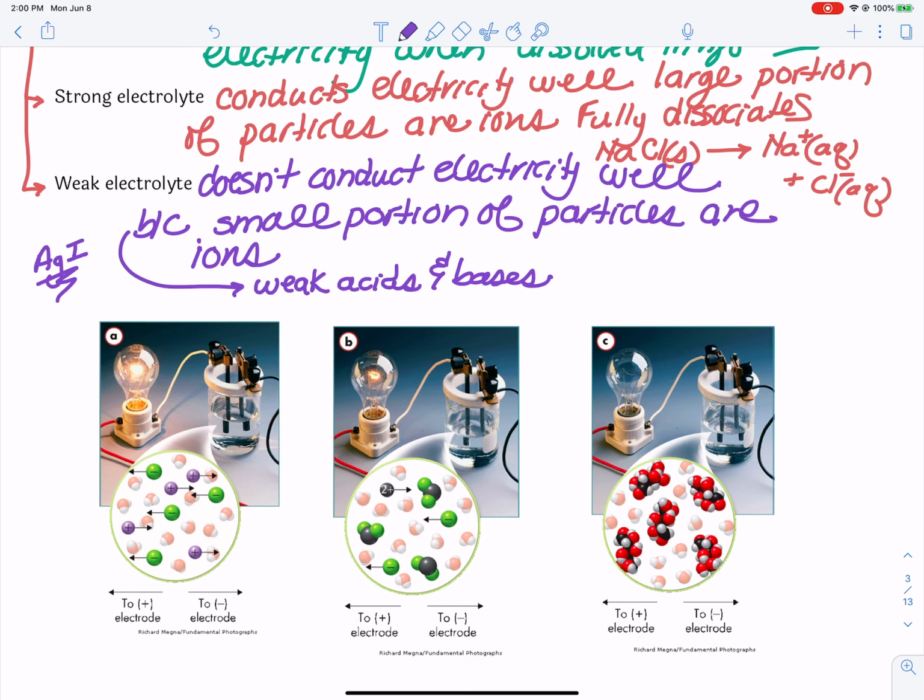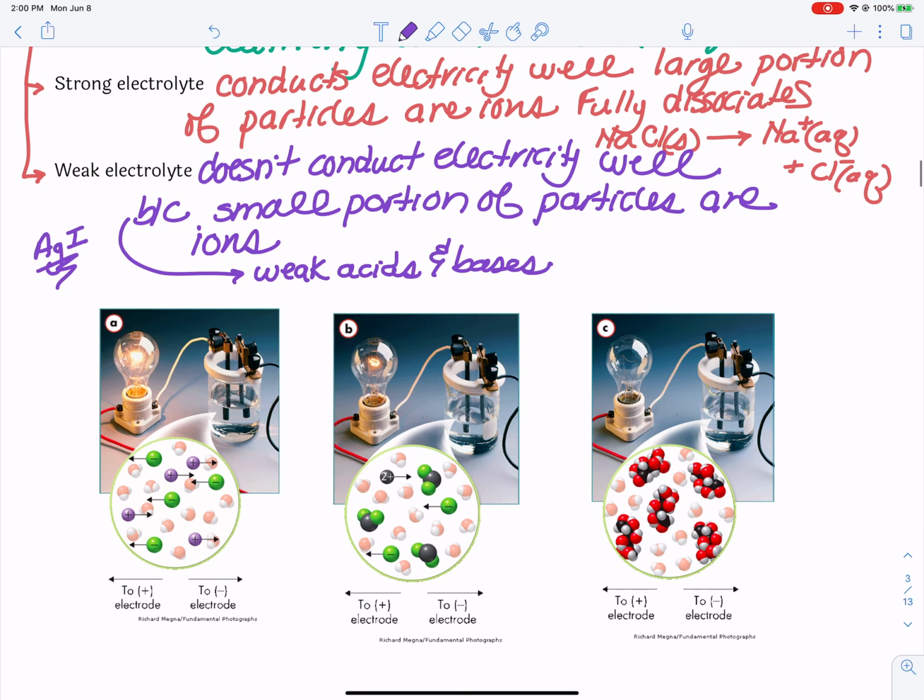If you look at the pictures down here, you will see here we have NaCl. I can tell because of the purple and the green. So there's NaCl, fully dissociates. Look at the light bulb, crazy bright. I wonder what this compound is. How about this?